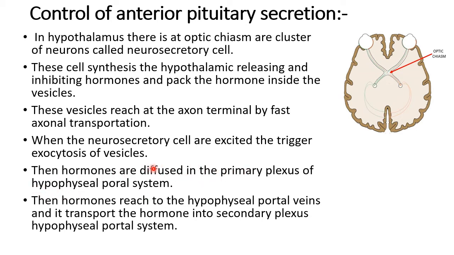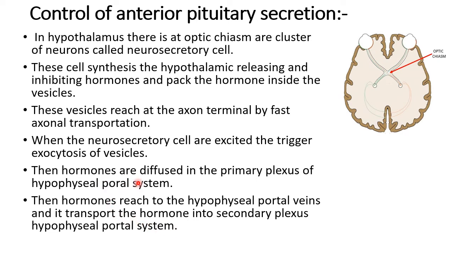When they reach the axon terminal, exocytosis occurs, and then they diffuse into the primary plexus. These hormones then reach the hypophyseal portal vein, which transports them to the secondary plexus of the hypophyseal portal system.